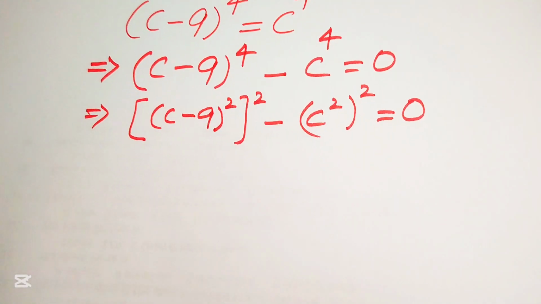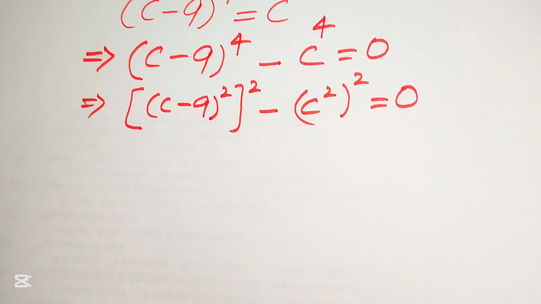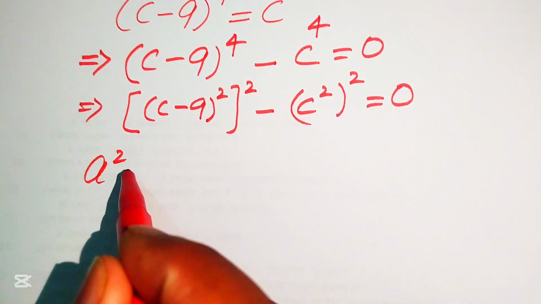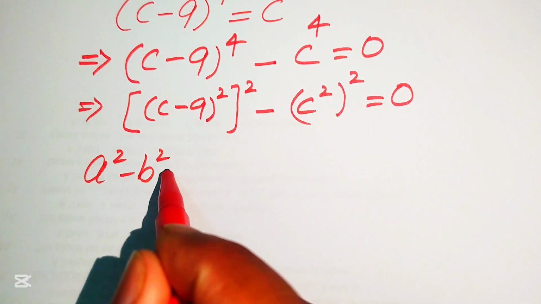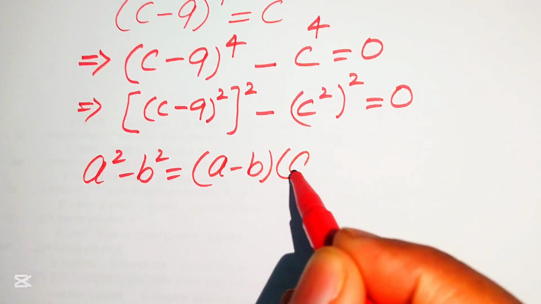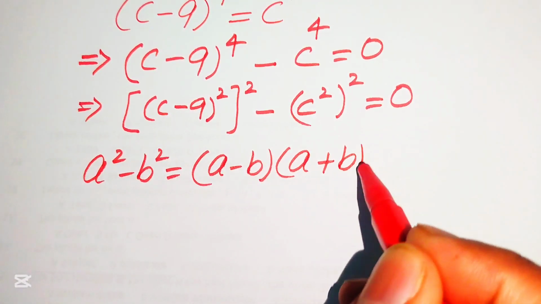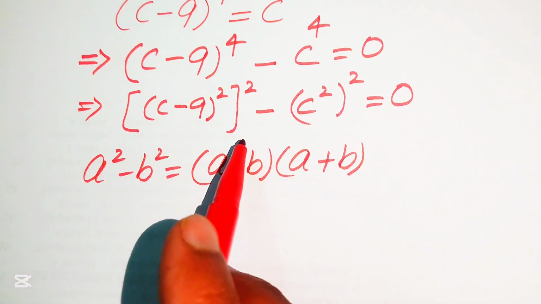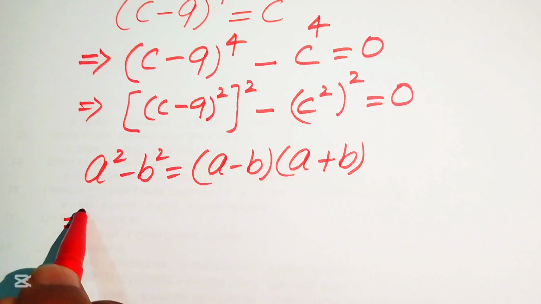And now in the next step we will apply the algebraic formula. You know that if we have a^2 - b^2, it is equals to (a - b)(a + b). So according to this algebraic formula we write our above equation in this form.